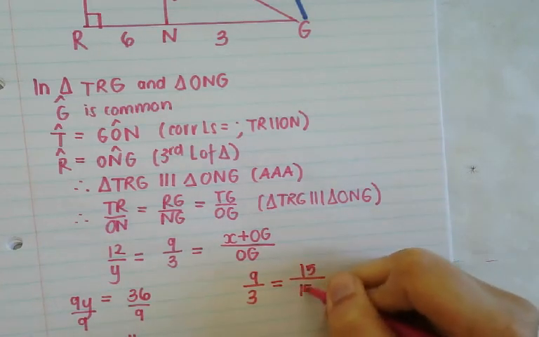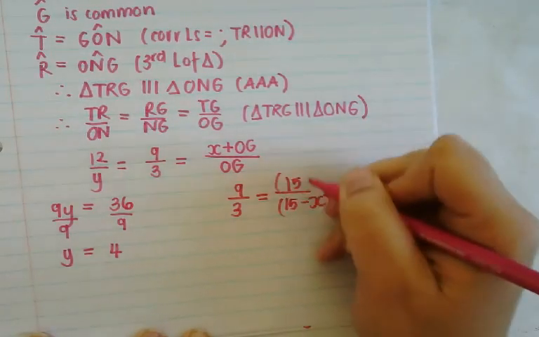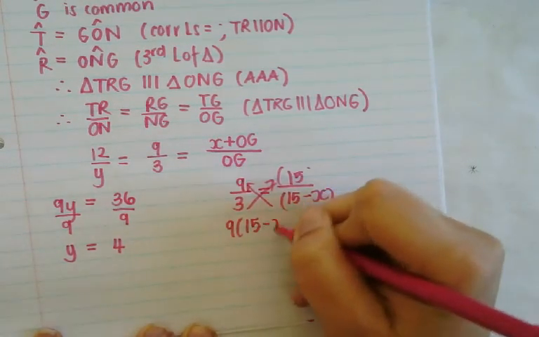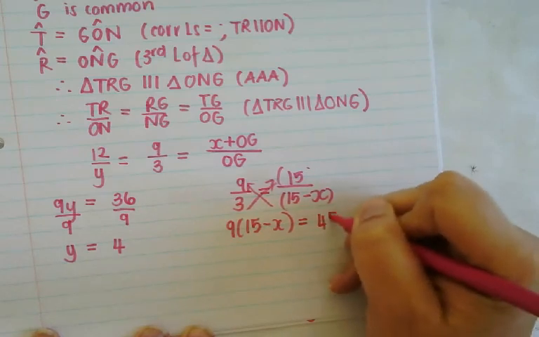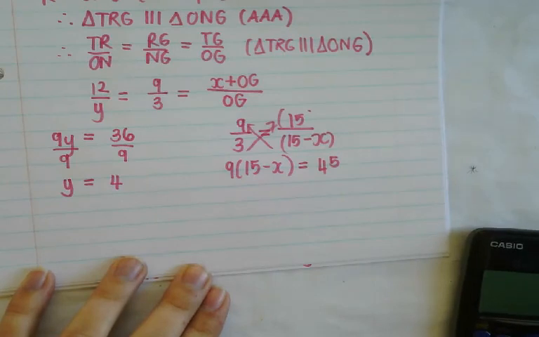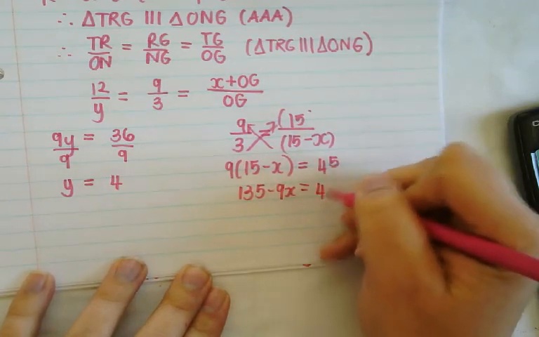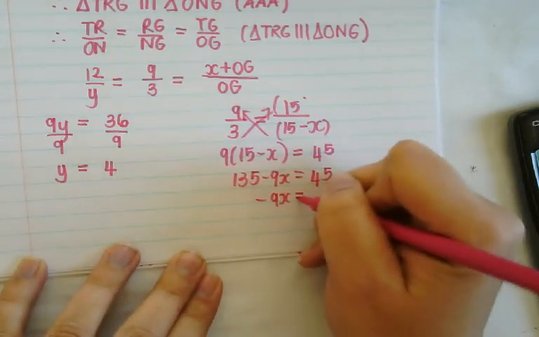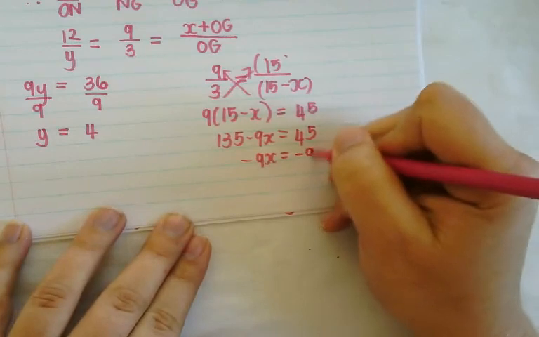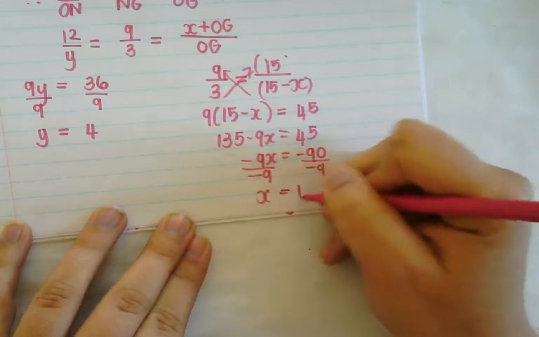OG is 15 minus X. And now I can cross multiply. 9 times the bracket. 3 times 15 is 45. 9 times 15 I think is 100 and something. 135 minus 9x is equal to 45. Minus 9x, 45 minus 135. It's minus 90. Dividing both sides by minus 9, x is equal to 10.